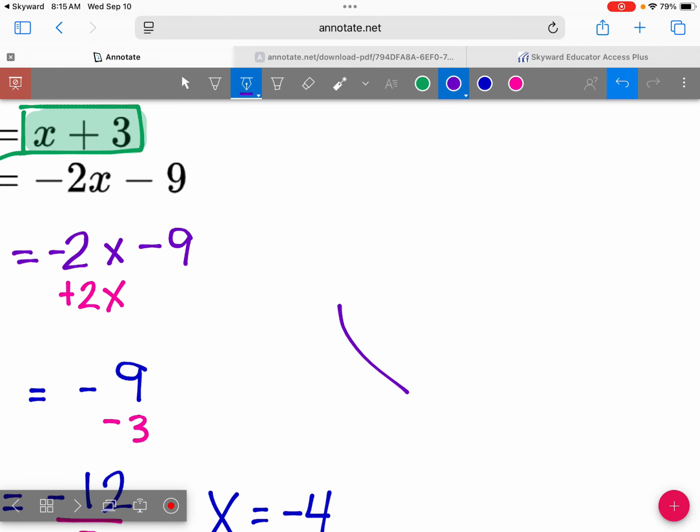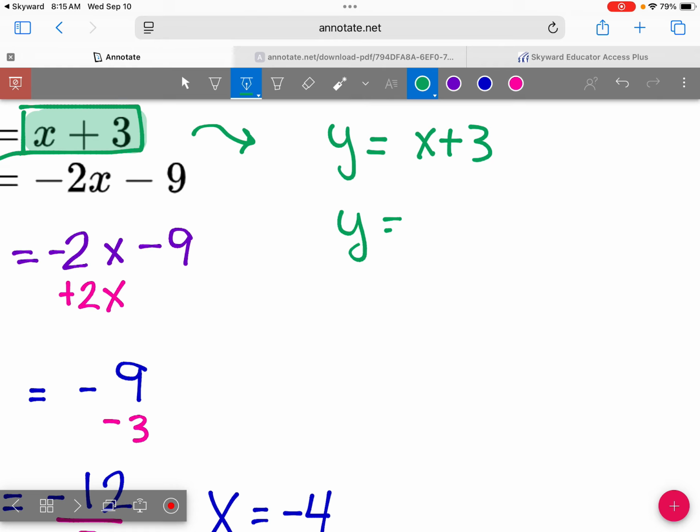So I'm going to take this equation here, where we know our y is the same thing as our x plus 3, but now I know what my x is going to be. My x is that negative 4. We're substituting it in. Plus 3. What is negative 4 plus 3? I owe you $4 and I pay you $3. Negative 1.